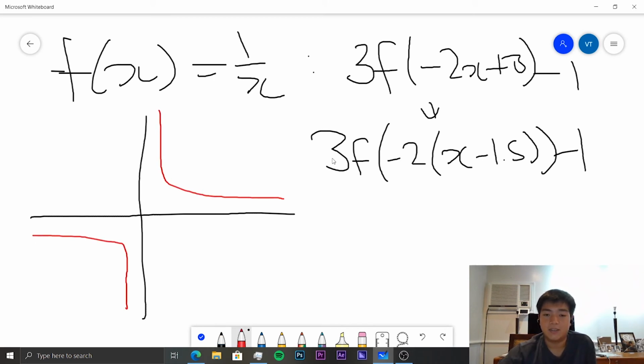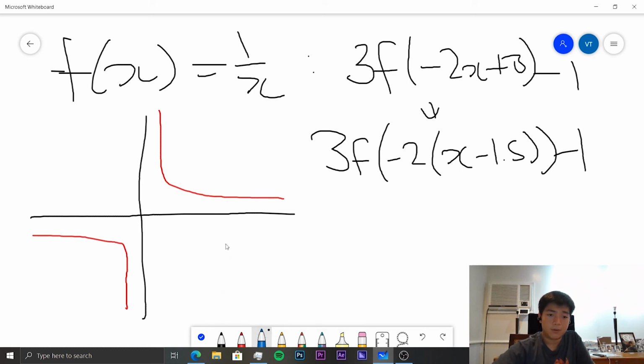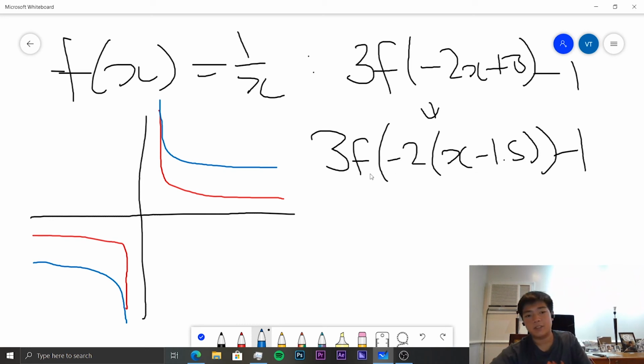Now let's tackle the vertical translation, which is a stretch of 3. And a stretch of 3 would make the graph look something a bit more like this. And next we have the horizontal translation of -2.